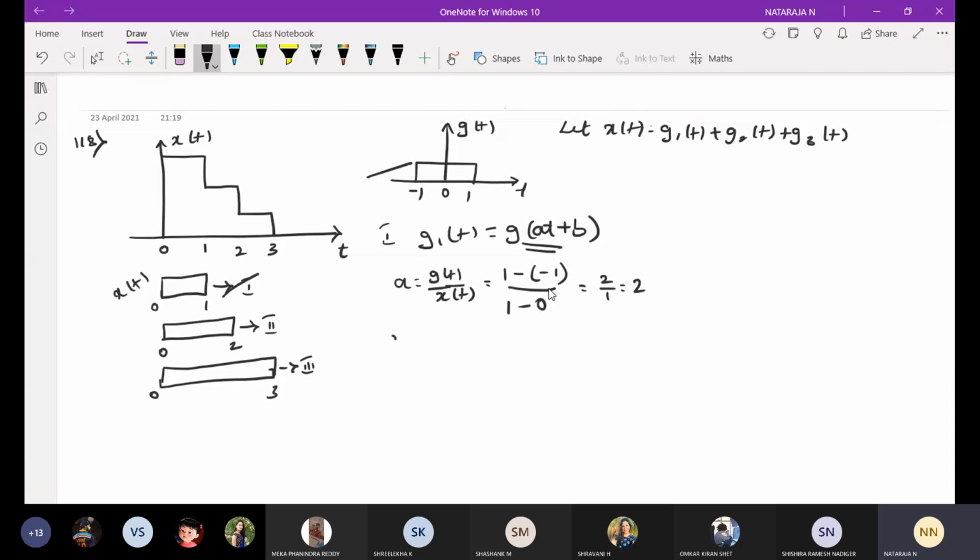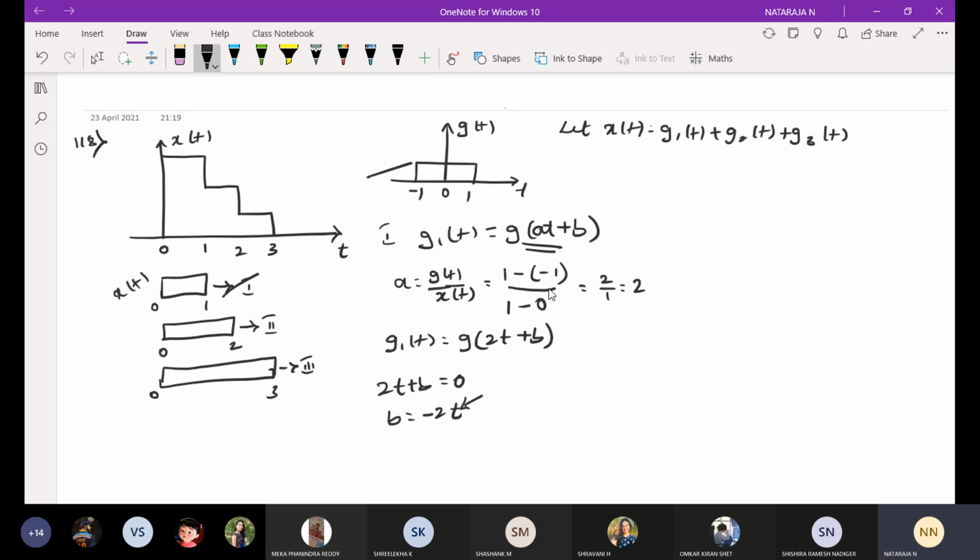Next, substituting, g1 of t is equal to g of 2t plus b. Consider 2t plus b is equal to 0, then b is equal to minus 2 times t. Now I need to find the value of t. How am I going to find the value of t?